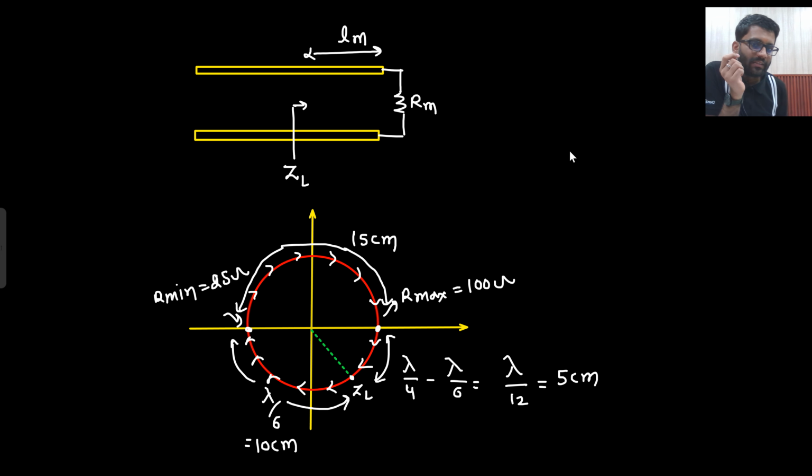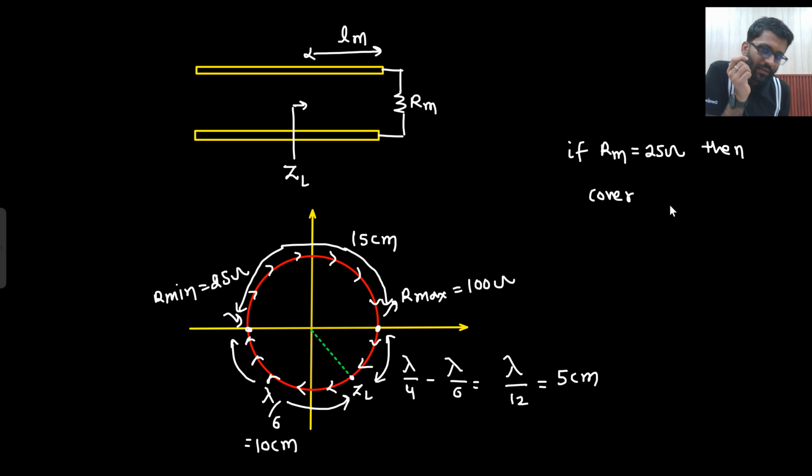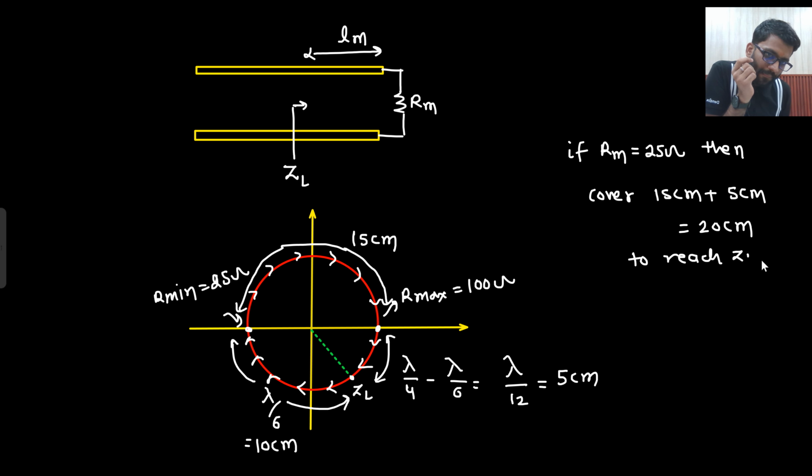If my RM is 25 ohm, then cover 15 centimeter plus 5 centimeter, that is equals to 20 centimeter to reach ZL. That means if RM is 25 ohm, then LM is 20 centimeter.